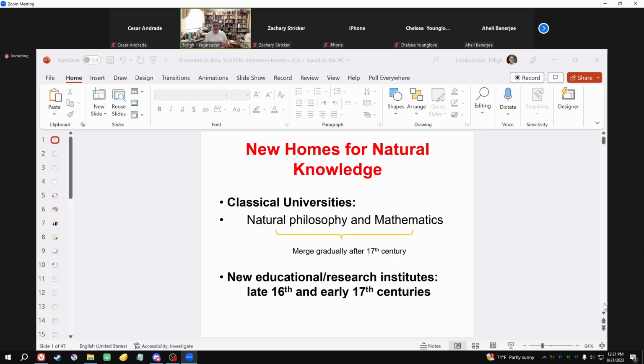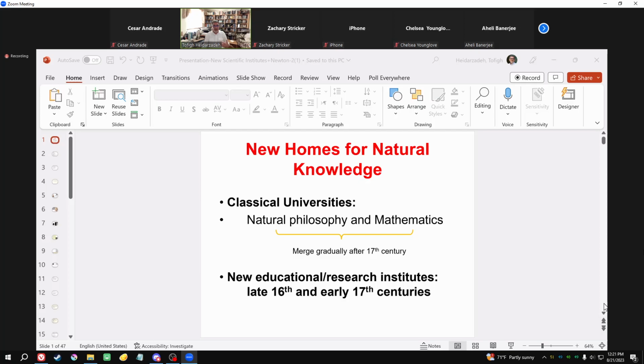So look at the founding fathers of modern science, or founding fathers of the scientific revolution. Copernicus, he was out of university. Tycho Brahe, he was out of university. He was working for the King of Denmark. Johannes Kepler was out of university. He was the mathematician for the Emperor Rudolf II.